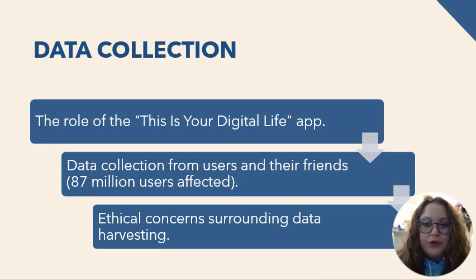The app offered users a personality quiz and collected not only their responses, but also extensive data from their Facebook, including birthdays, hobbies, whatever people put on Facebook. It also led people to their friends, and approximately 87 million users were a victim to this. That is a lot of people, especially a lot of voter information to be used not just for America, but also worldwide.